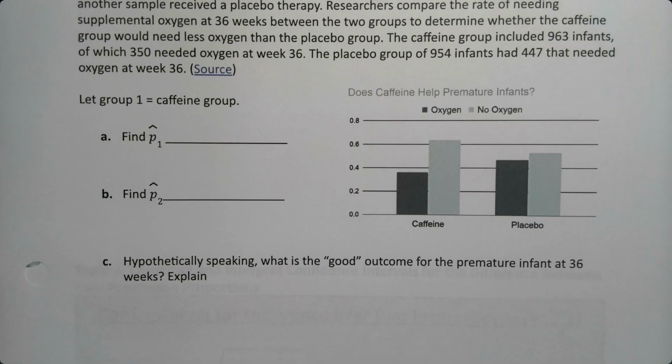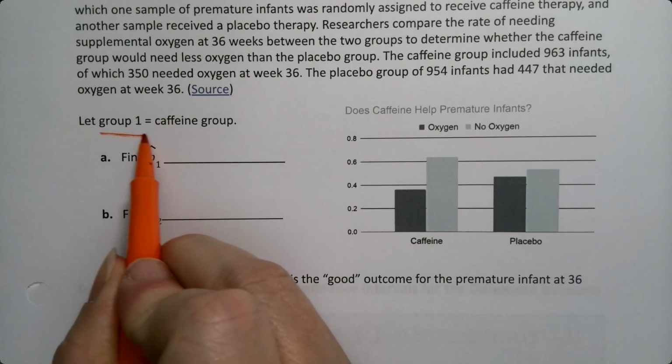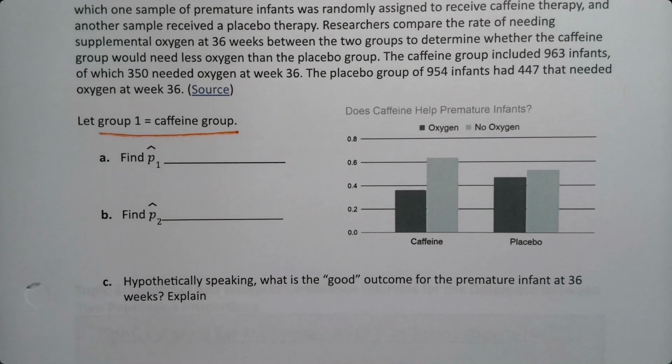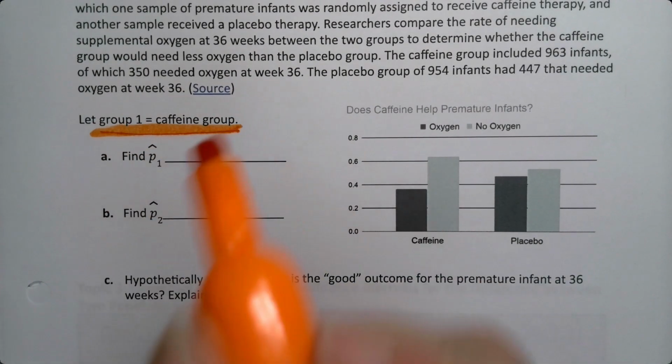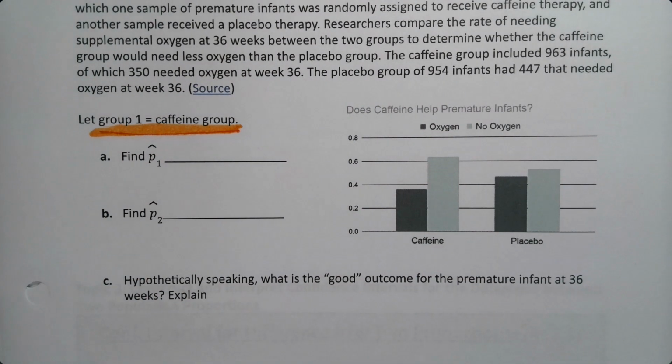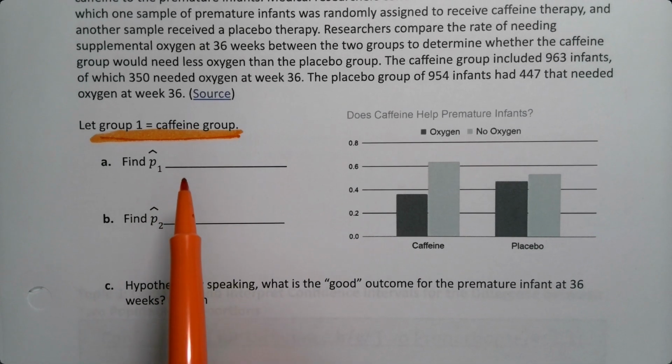So the first thing we want to determine is, what is group 1? Okay, so I defined here group 1 is the caffeine group. I just said it. To be honest with you, it's kind of arbitrary. Arbitrary means it's just made up. So I will just make it up for you most of the time. If I don't make it up, it means it doesn't even matter. Right? And it generally doesn't.